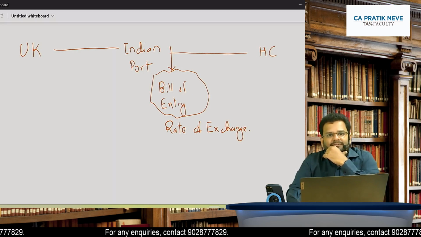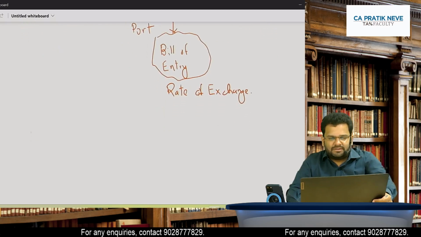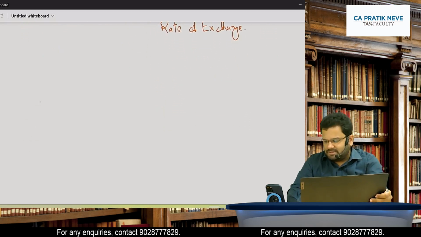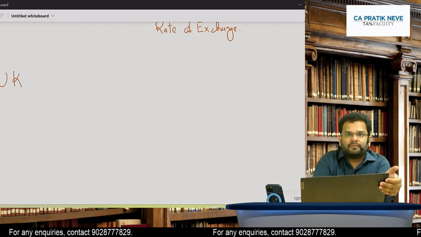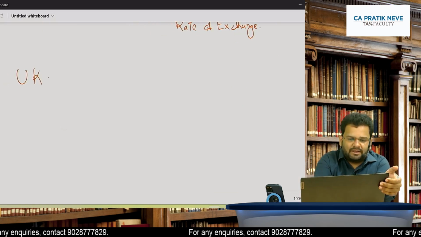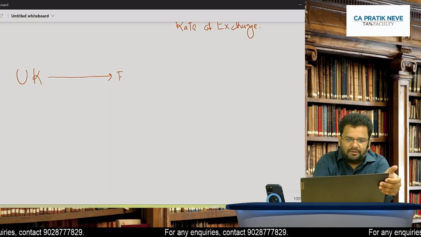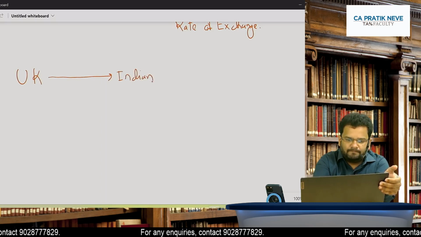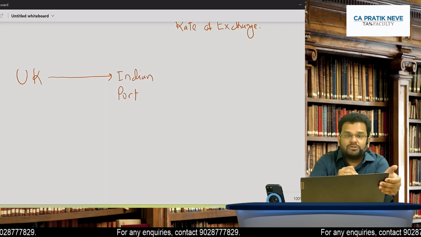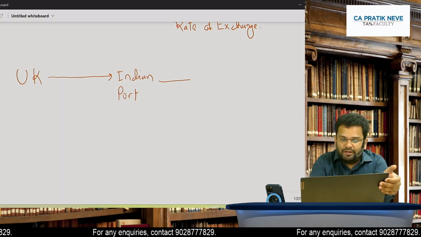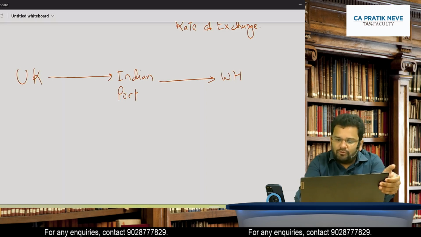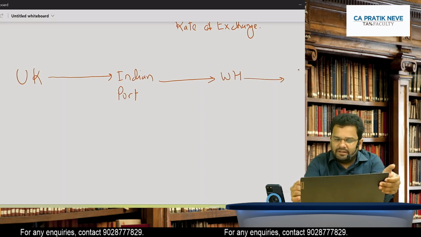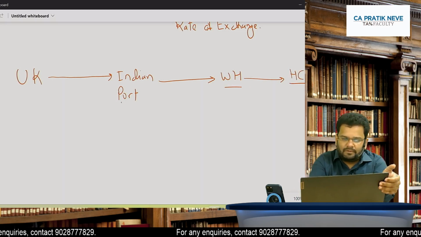चैतन्य एग्रीड? ये हो गई फर्स्ट केस। अब मैं आपको बताता हूं सेकंड केस। ये यूके है, यूके दिखा? यूके से गुड्स आए इंडियन पोर्ट. From Indian port they are cleared in warehouse. From warehouse they are cleared for home consumption. Did you see this?